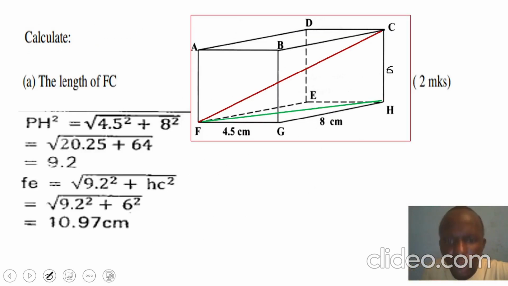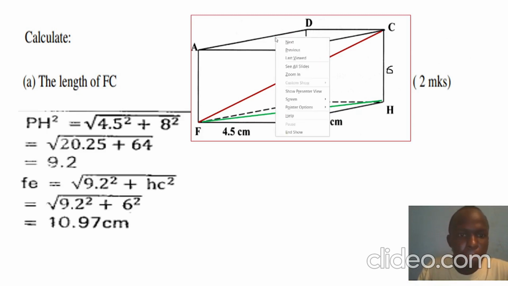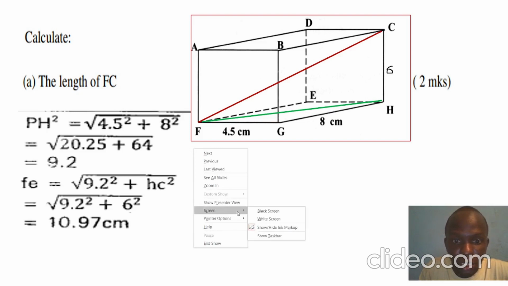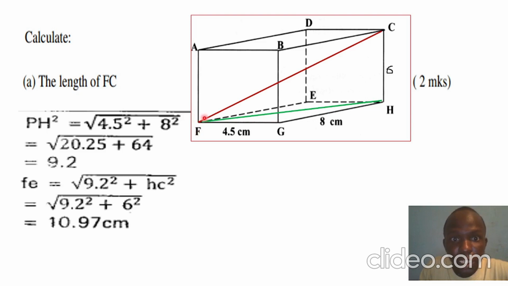Now, here we have our triangle, and we want to calculate the length FC. The length FC, this length here that has been highlighted in red. Then we also have something like a shadow.